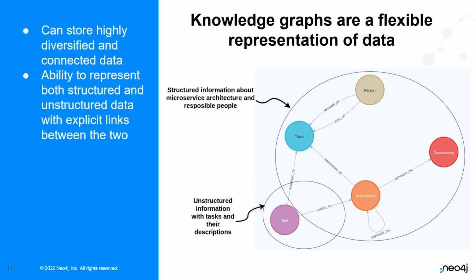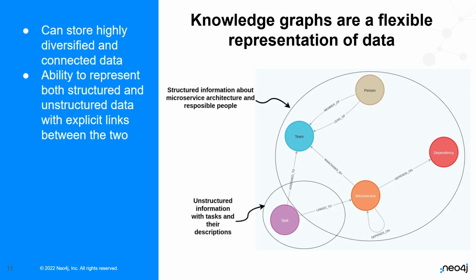And these entities can be real-world entities, like people, teams, or organizations, or they could be digital entities like microservices, dependencies, or tasks. And the nice thing about knowledge graphs, in my opinion, is that they're a very flexible way to represent both structured data, like teams of people and who maintains which microservices, but they can also be combined to represent unstructured data, right?